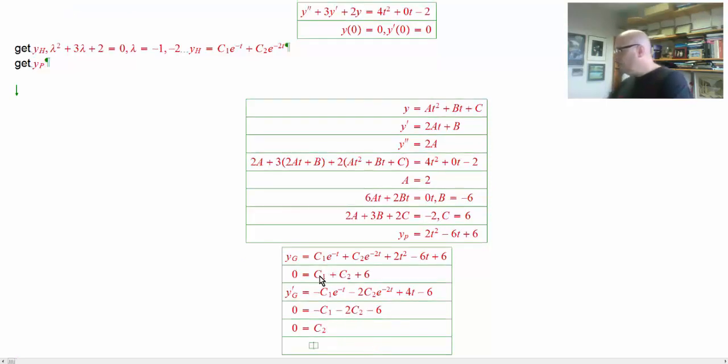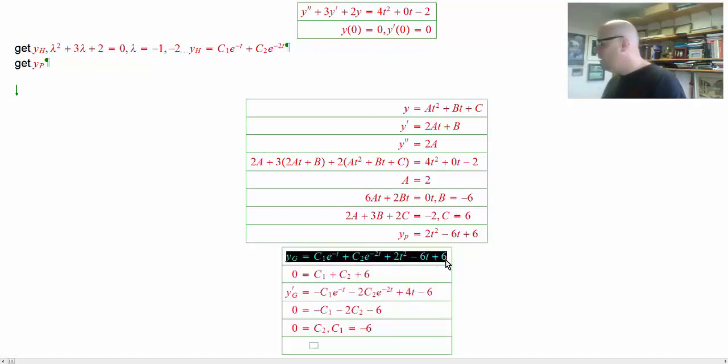If C2 is equal to 0, then C1 has got to equal, going from this equation, minus 6. So now I've got my constants that satisfy my initial conditions.